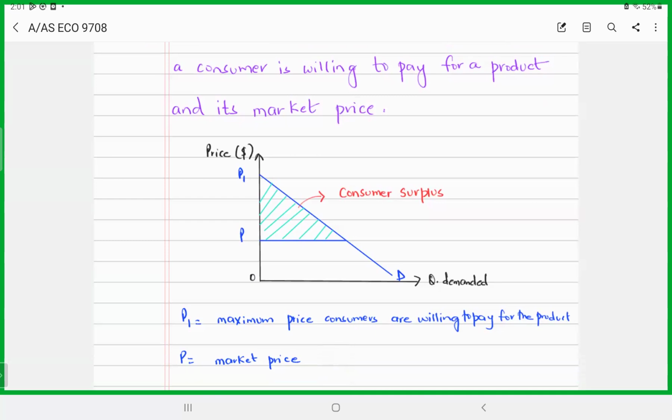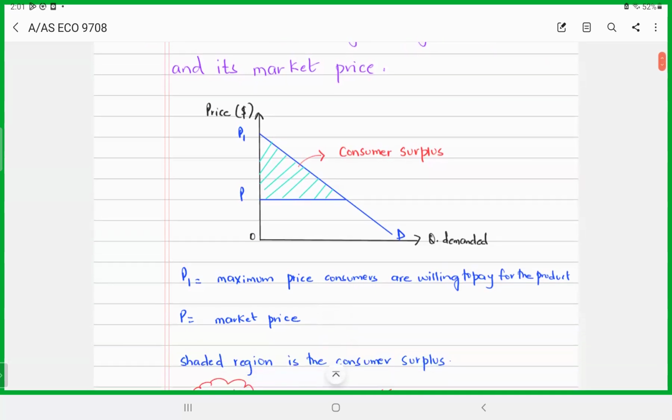Why? Because they are paying less for something than what they were willing to pay. The consumers were willing to pay as much as P1 for the product. However, the market price is P. So this shaded region is the additional benefit the consumers are receiving.